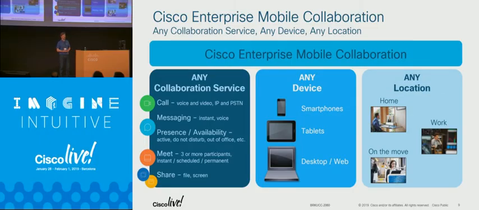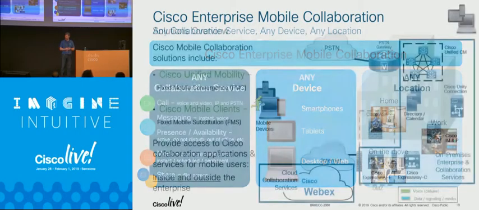And to be able to do that no matter where we are located, whether we're at home, in the office, or on the go, and no matter how we're connected to the network, whether over Wi-Fi or a wired connection. If it's Wi-Fi, is it public or private? Or maybe we're connected over the mobile data network. But the point is, no matter where I'm located, no matter what device I have, I should have access to any of these collaboration services. That's the theme of what we'll talk about today, so keep that in mind as we talk through here.